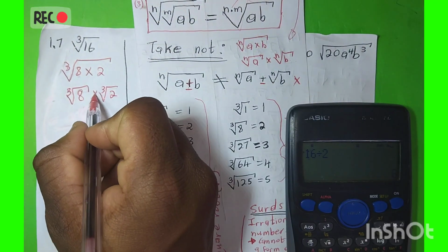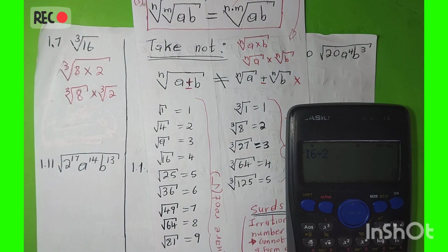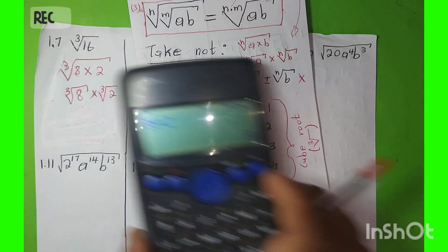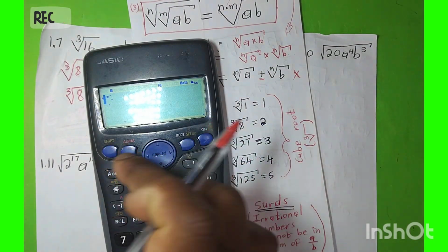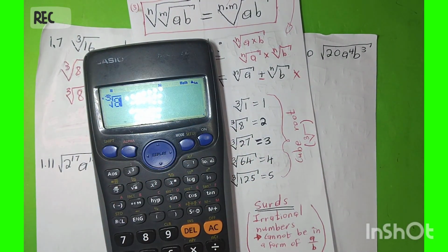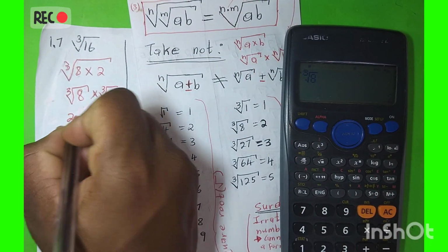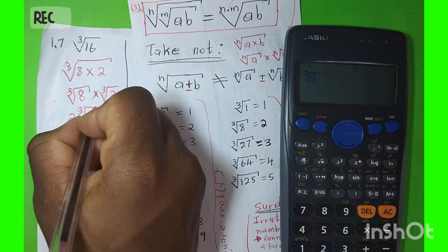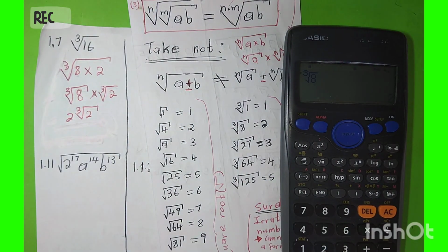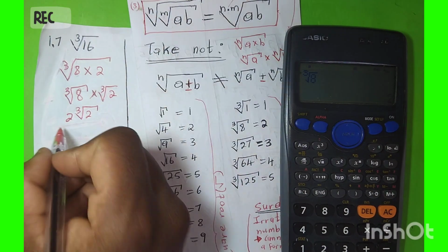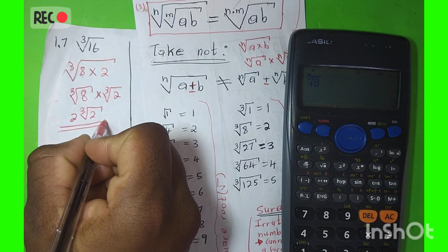Now the cube root of 8 is 2, and you can't take the cube root of 2. Then you can leave your answer just like this.